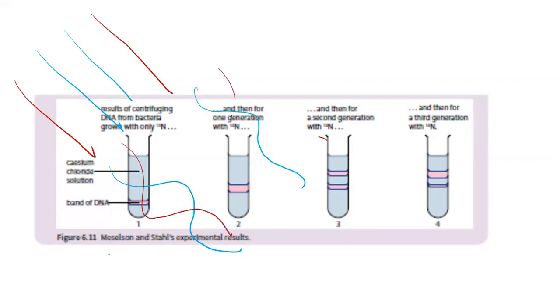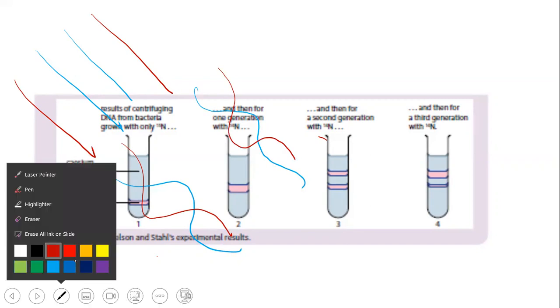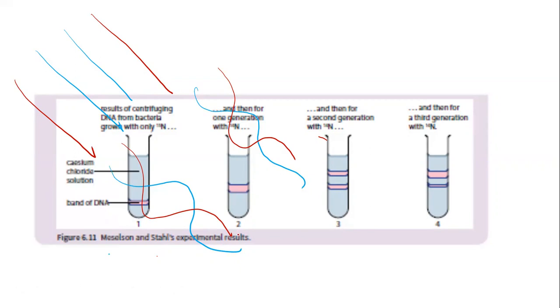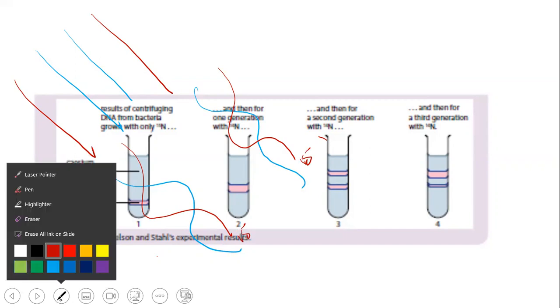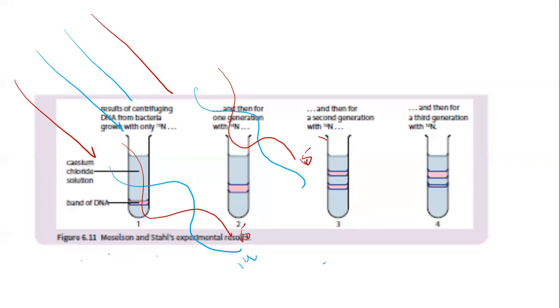This is what you would expect at the end of semi-conservative replication. If you look over here, this is going to be nitrogen 15, and after that, you have nitrogen 14 and nitrogen 14. That means the combined mass of each DNA is going to be 29, 29.